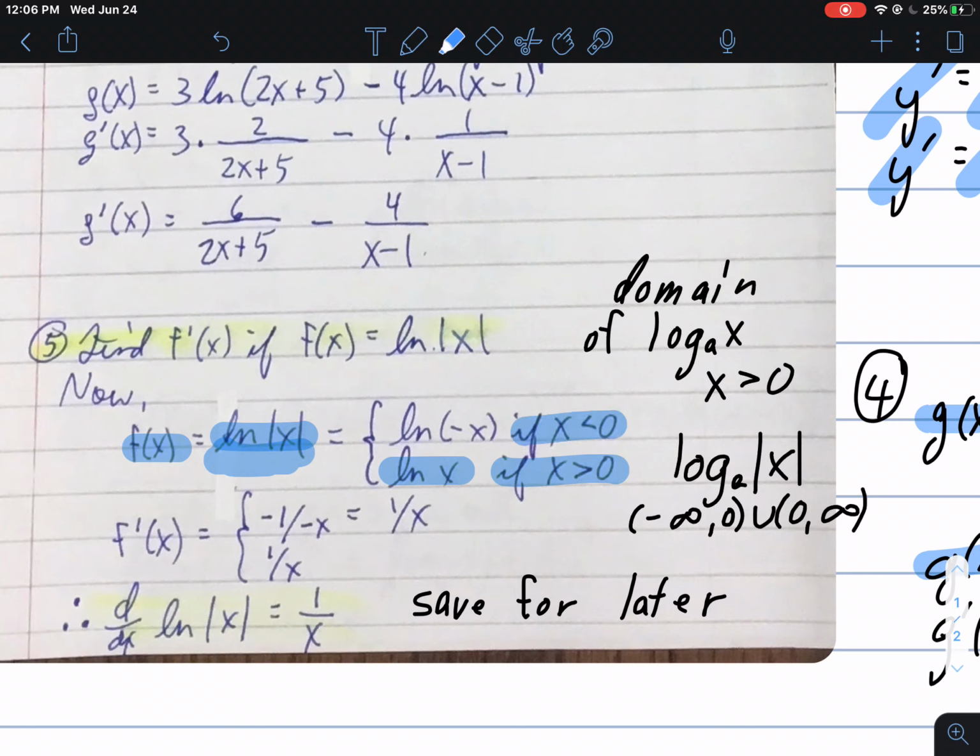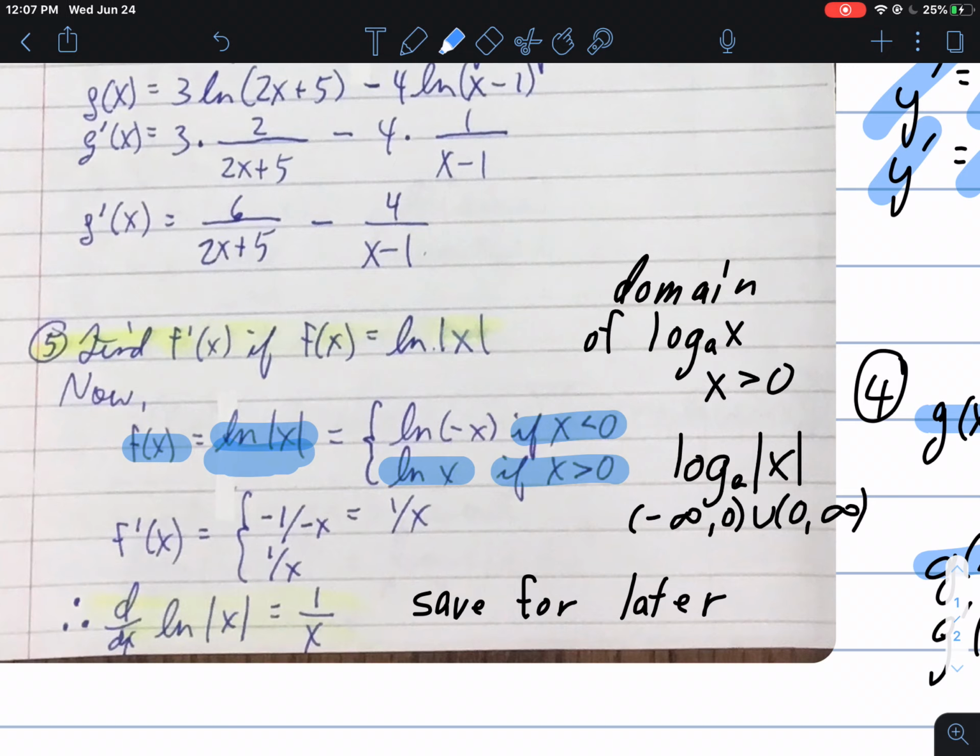But if I plug in a negative value for x, which I can here because of the absolute value, it makes it positive, right? But it's not the same as the ln of x, it's the ln of the opposite of x. So for example, if x is negative 3, and I plug negative 3 into that function, then it's the natural log of the absolute value of negative 3, which is not ln of negative 3 because that's not defined.